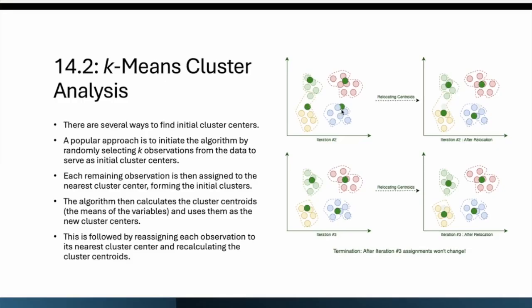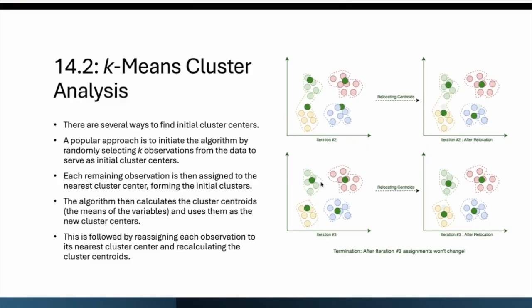After that, we get the centroid point, which is in the center of each cluster. Once we have the centroid of the cluster, we reassign the observations again, because look at this observation. It looks closer to this cluster than this cluster. So after reassigning, this observation is going to go to the other cluster, as we see from here.